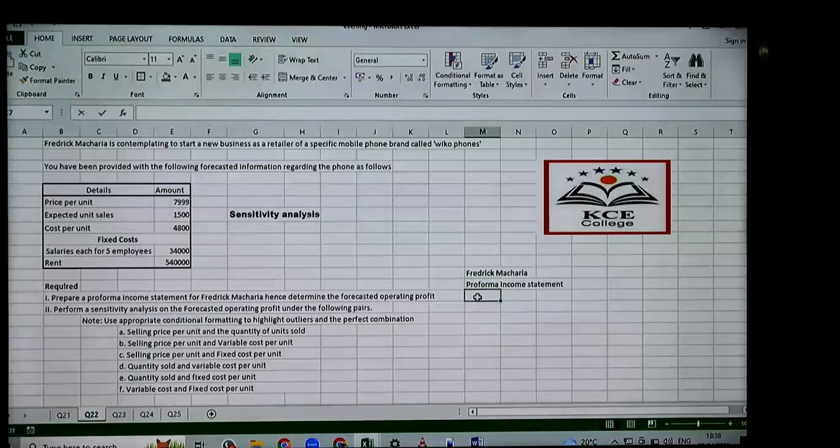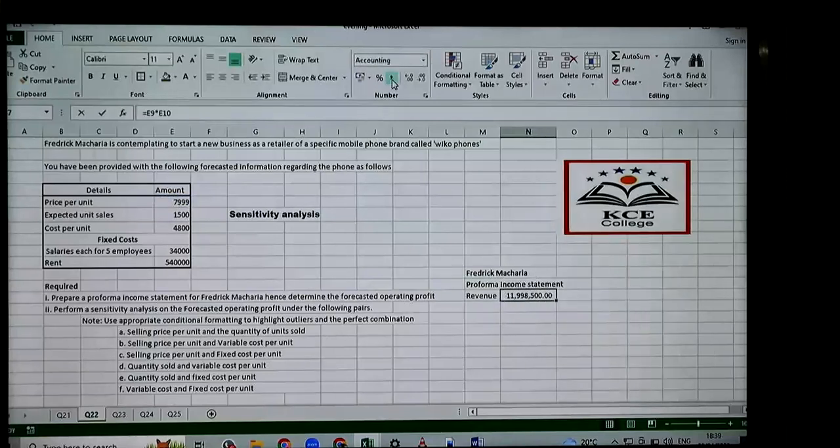So our revenue here will be our price per unit times the expected unit sales, isn't it? And I'll do it so that I can see it easily.